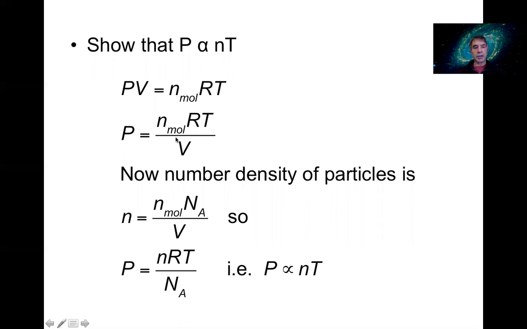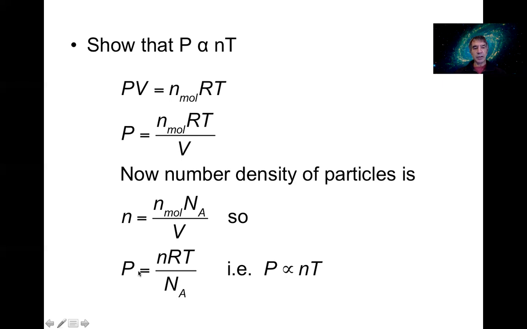So if we want to bring in the number of particles, which I've defined as little n here, then you need to scale up your number of moles by Avogadro's number. That's what N_A is here, and it gives you the total number of particles in n moles, and divide by the volume. So that's then the number of particles per unit volume, which is what the number density is.